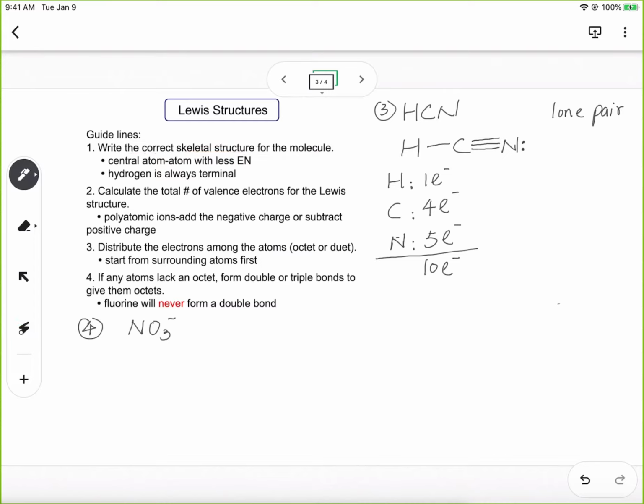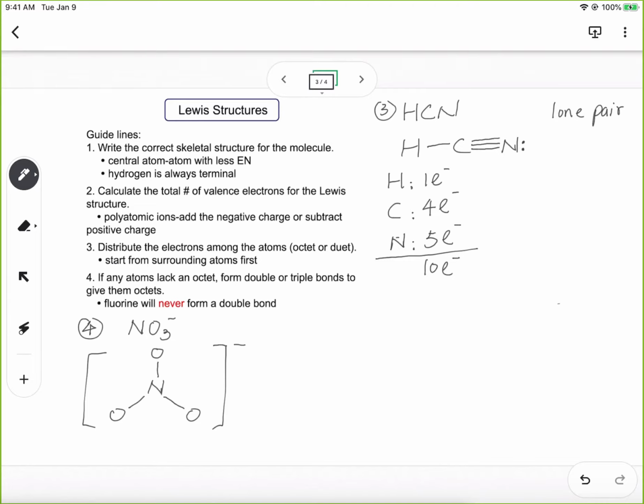Well, nitrogen has less electronegativity than oxygen, so nitrogen would be the central atom. So nitrogen and 3 oxygens here. And the skeletal structure, that means you start from a single bond. And since it's a charged ion, we draw a bracket and then put the charge outside the bracket to represent that this is an anion, or this is an ion.